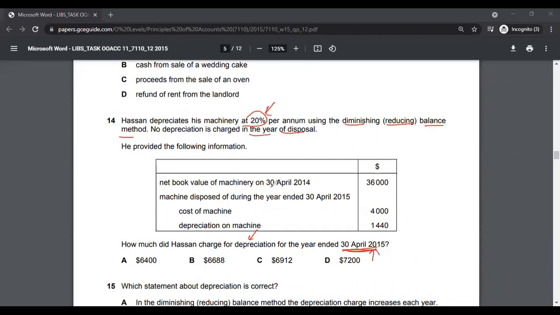If you look at the net book value, this is the opening net book value, that's 36,000. During the year, this machinery was disposed of.